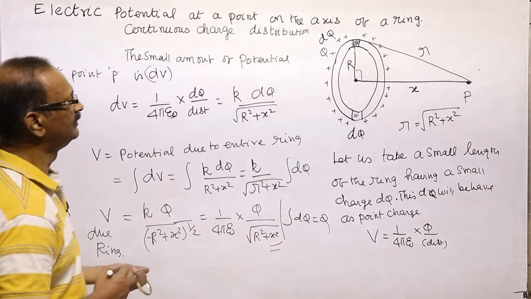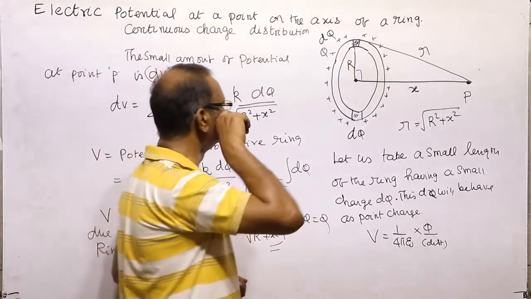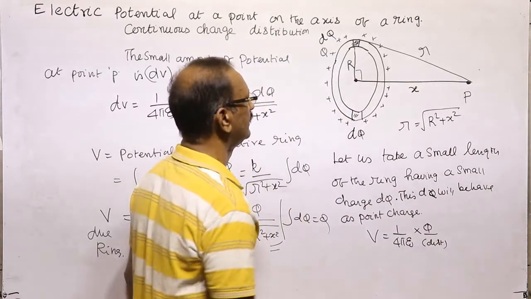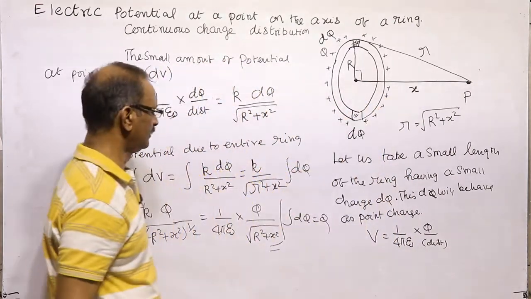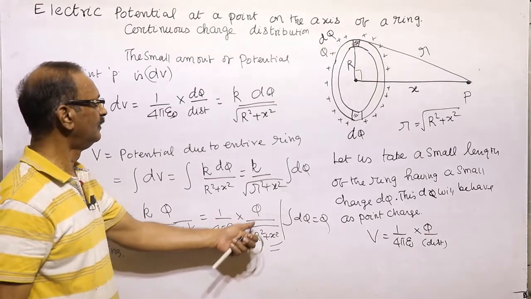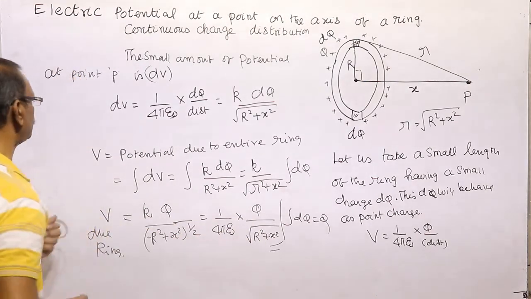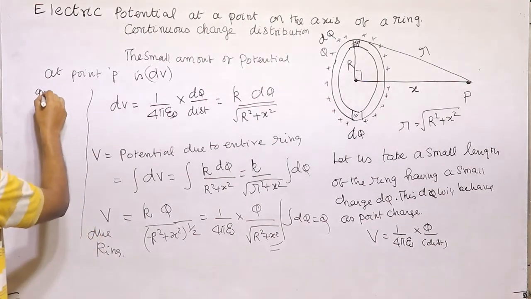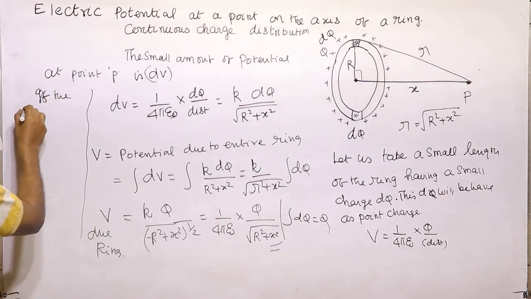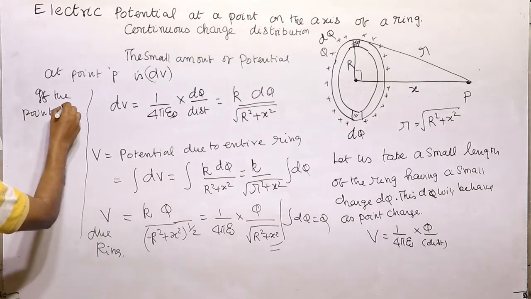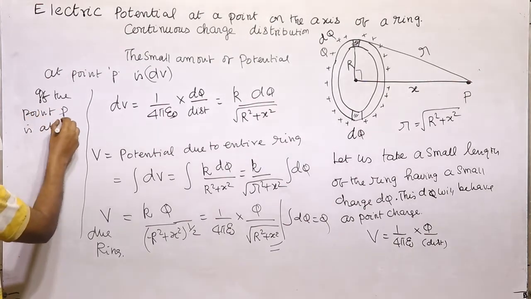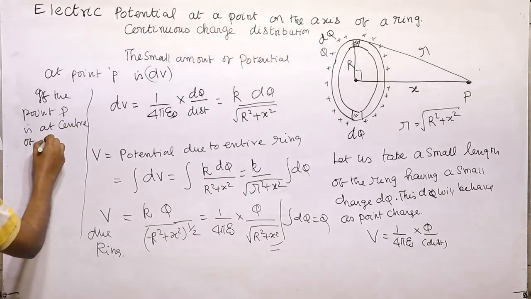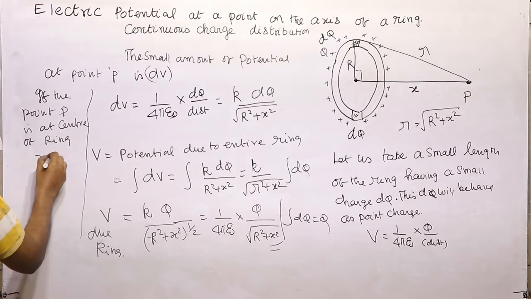In this we can deduce one more condition also. What condition? If the point P is at the center of the ring, then x is equal to 0.